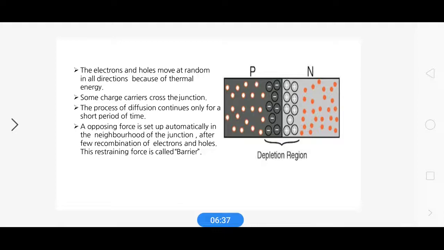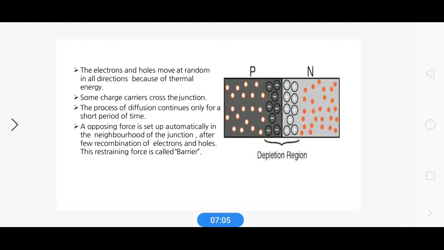The electrons and holes move at random in all directions because of the thermal energy. Because of the thermal energy, these electrons and holes move randomly throughout the crystal, and some charge carriers may cross the junction also.